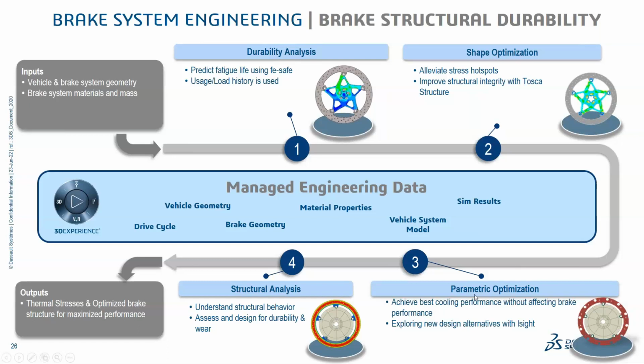Then we do a parametric optimization study, which will help you to improve your cooling performance without affecting your braking performance, and explore new design alternatives. Also, at the end, you do a structural analysis to validate your design and assess for any durability and wear.